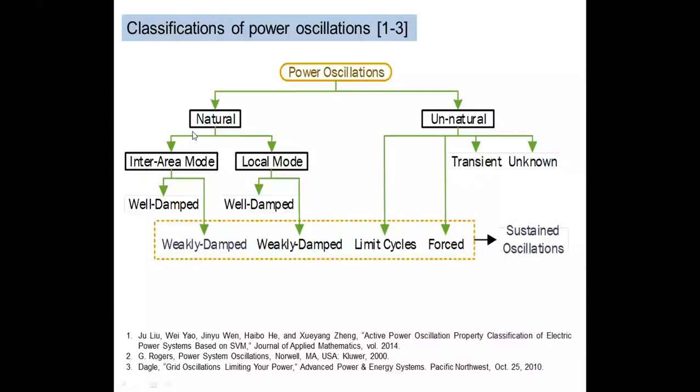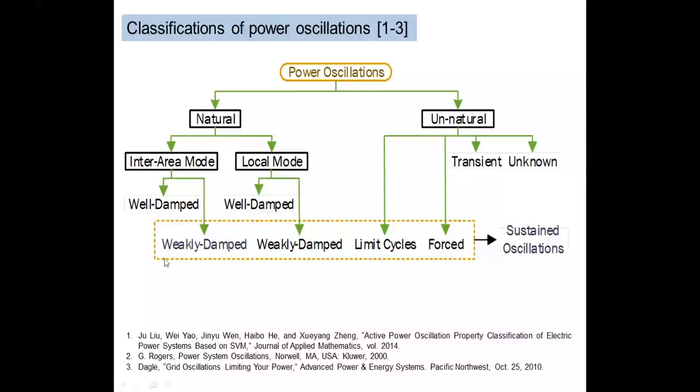Now, natural power oscillations could be inter-area mode or local mode. I will discuss these modes in more detail later on. These modes can be well damped or weakly damped, with a low damping factor.